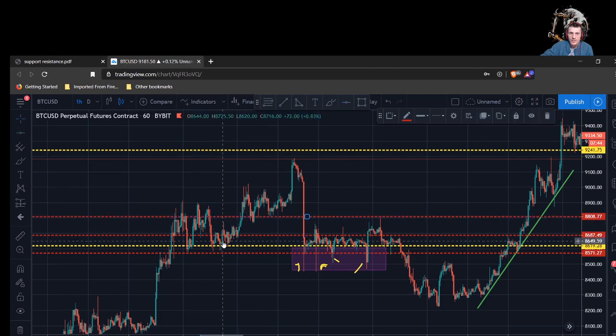More resistance right there. And you do all these in areas. Remember, not just lines. You cannot think of support and resistance as lines. You need to be thinking about it as areas.